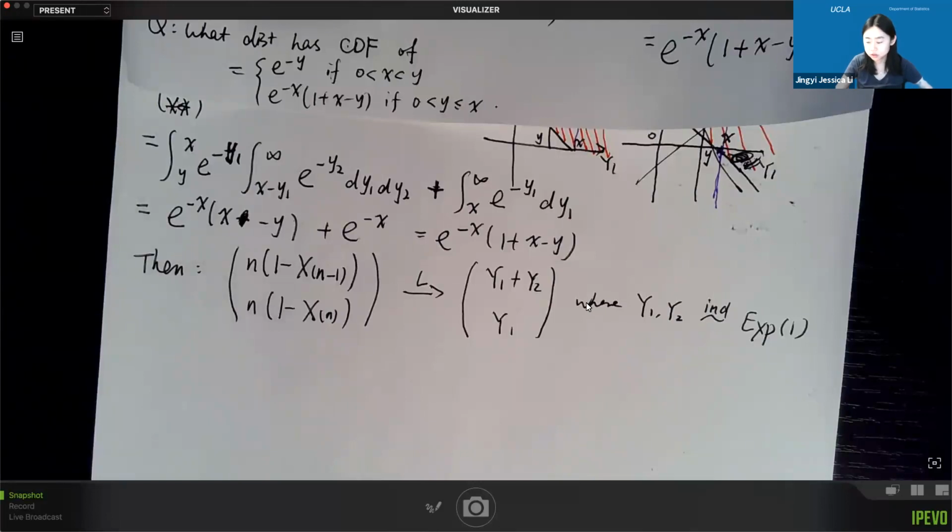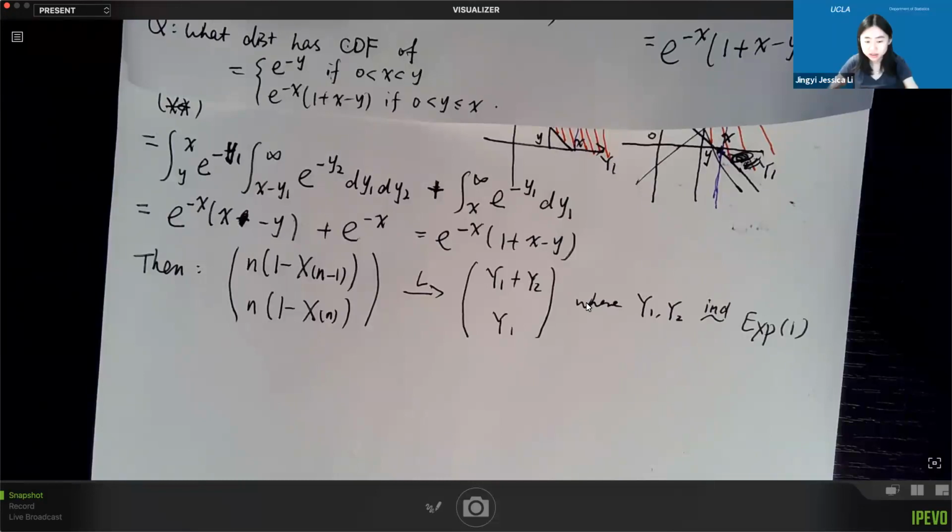But once you do that, you just use the same argument. You take n times that interval length, and then you show what its asymptotic distribution is, what it converges to, and the joint asymptotic distribution. Then you show that the limit is the combination of independent exponential 1. So the same technique. Okay, thank you very much.